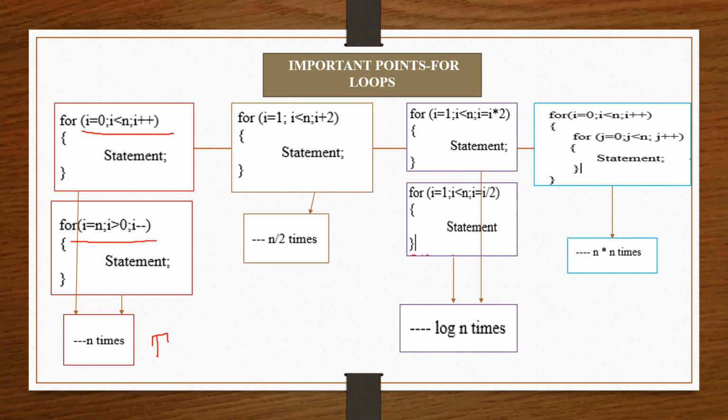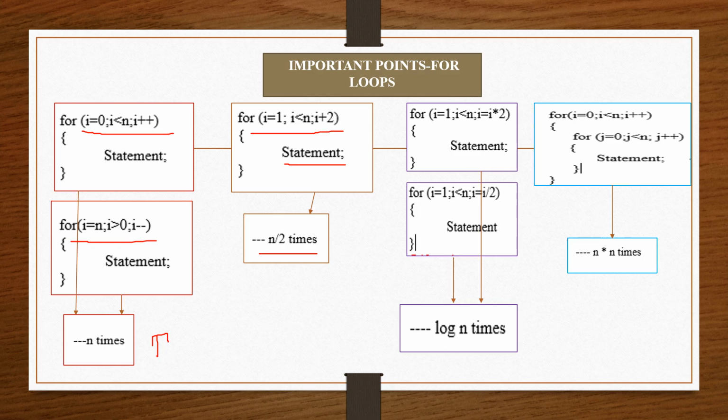And whenever you have a statement like this where i starts with 1 and i is less than n, and every time i is incremented by 2, then the number of times the statement inside the for loop will be executed is n by 2. If it is i plus 100, it will be n by 100. If it is i plus 50, it will be n by 50.